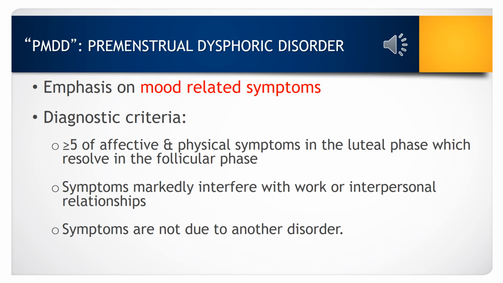The symptoms usually have a profound impact on work or other interpersonal relationships, and it's not due to any other disorder. So we've ruled out depression or any other psych or mental type of illnesses. And so, again, a woman would be encouraged to keep a menstrual log of the symptoms, when they occur, and when they resolve.